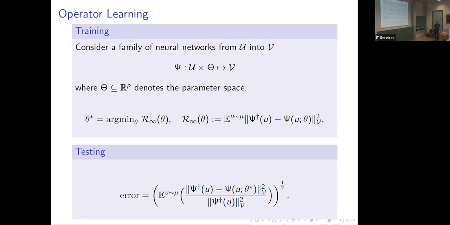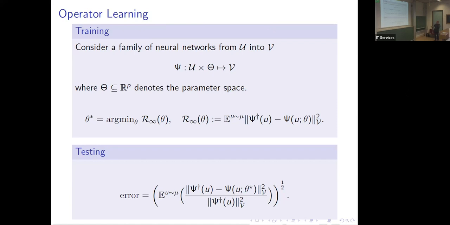And remember, we're given data in the form of inputs U to psi dagger. We don't know psi dagger, that's the hypothesis. We know inputs to it and outputs from it, with U drawn from some measure mu. So this is the expected value of the difference between the true function that we want to find and its approximation from this class. And we want to identify the parameter theta that makes this as small as possible on average, averaged over the data.